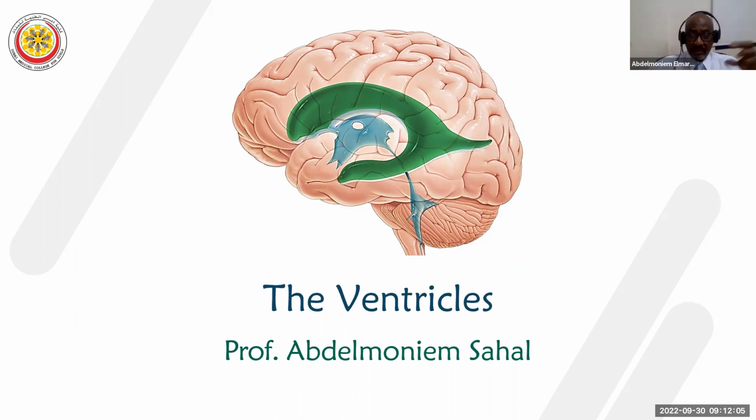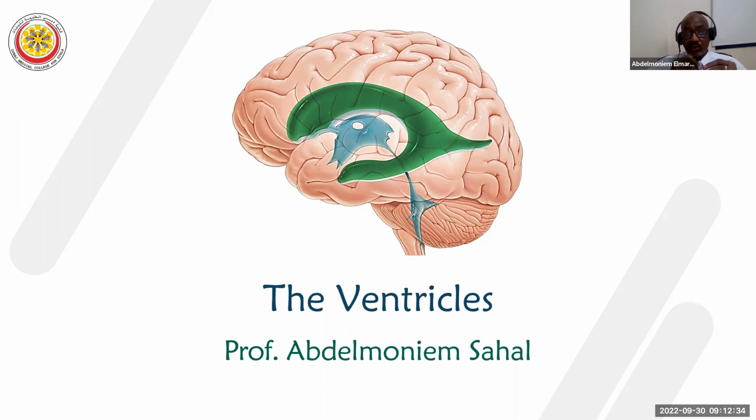I'm talking about the meninges because the CSF is produced in the ventricles, but it circulates in relation to the meninges. So we need to know a little bit about the meninges so that when we discuss the cerebrospinal fluid circulation, we relate it with the structure of the meninges.